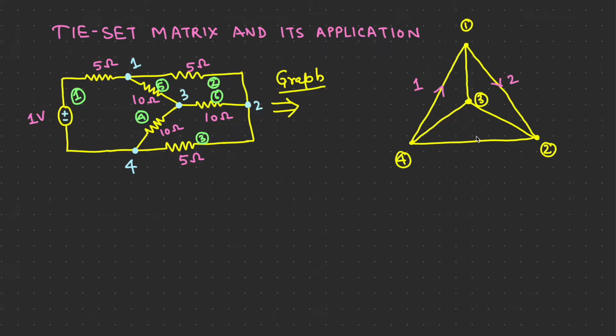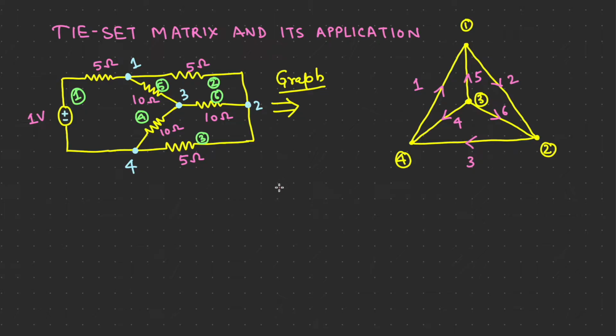Then branch number 3 I am taking like this, and branch number 4 will be here. I am taking this as outgoing. Then branch number 5 also I am taking outgoing, and branch number 6 is also outgoing.